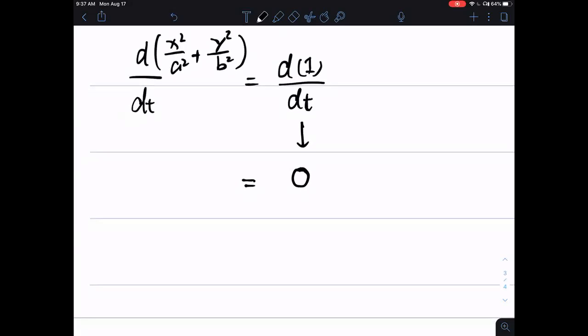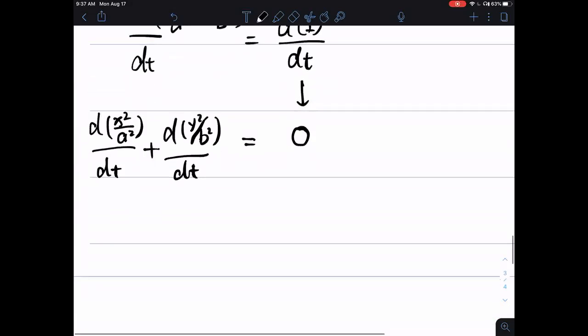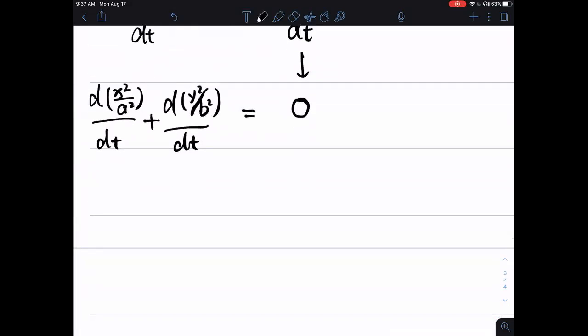For the left hand side, let's use the distribution rule to look at the first component first, plus the d/dt of y squared over b squared.